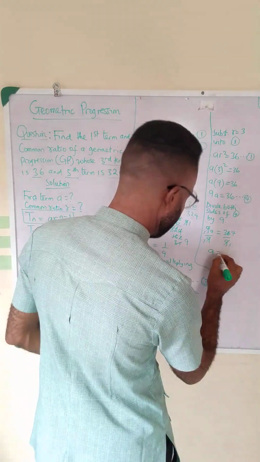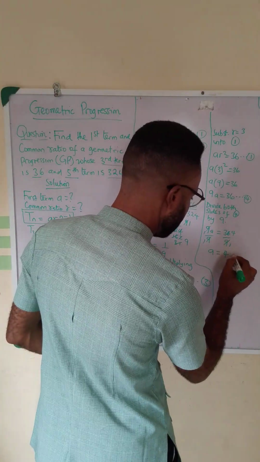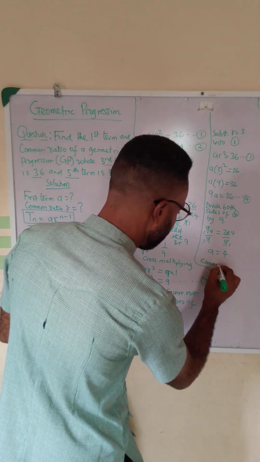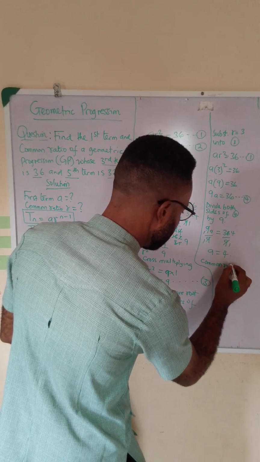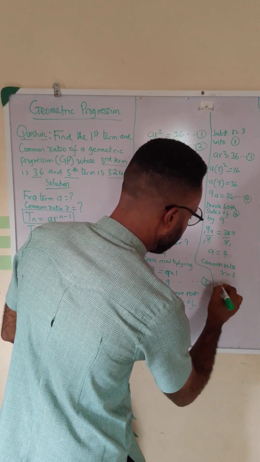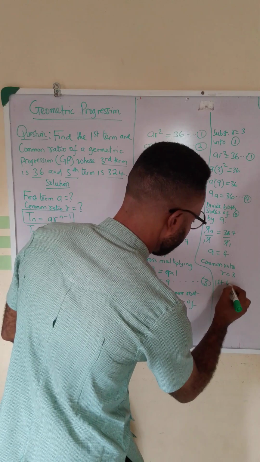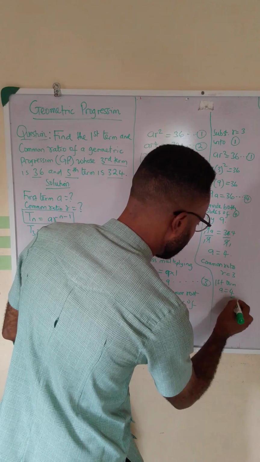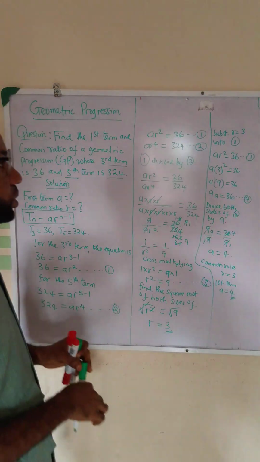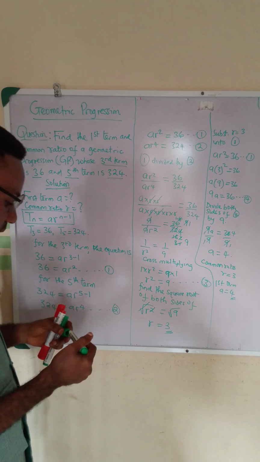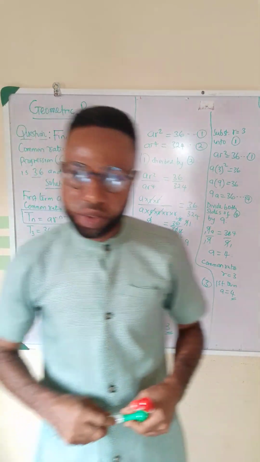So our A equals 4. So for this question, our common ratio R equals 3, and our first term A equals 4. That is how to go about this sort of question, and I hope you understand.